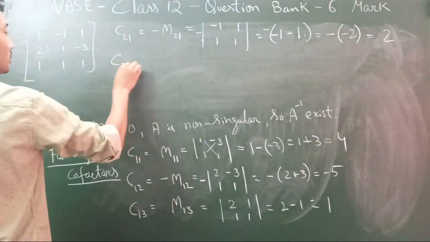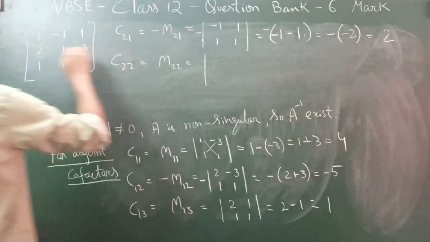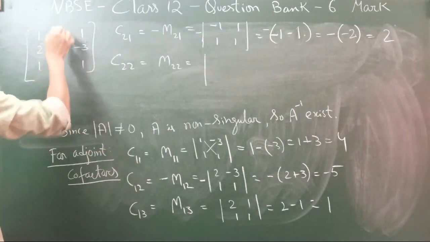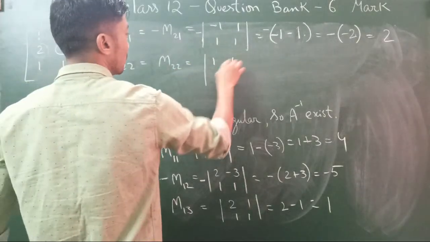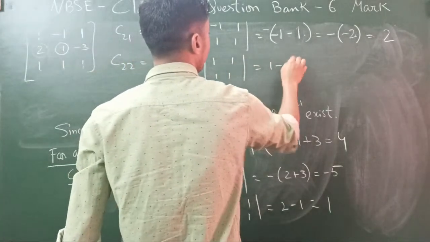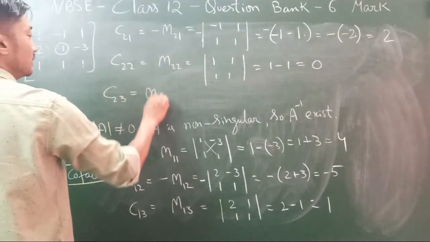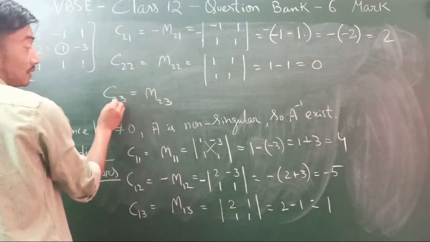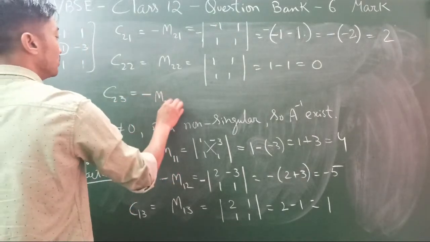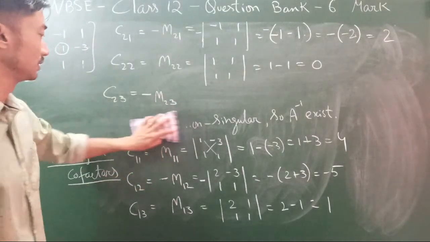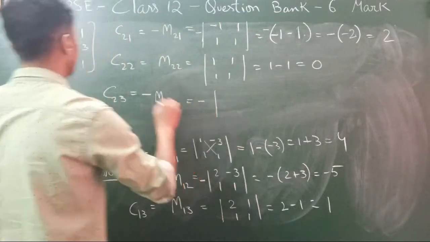Similarly, C22. That is 2 plus 2, even. Ignore its row and column, this one. So we have 1, 1, 1, 1. So that's 1 minus 1, that is 0. C23, that is M23, but 2 plus 3 is even, odd, sorry. So minus M23. So that's going to be minus of M23.